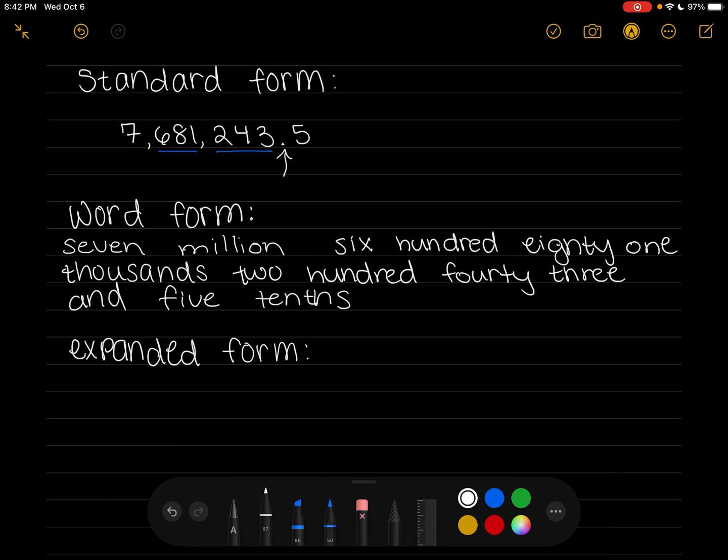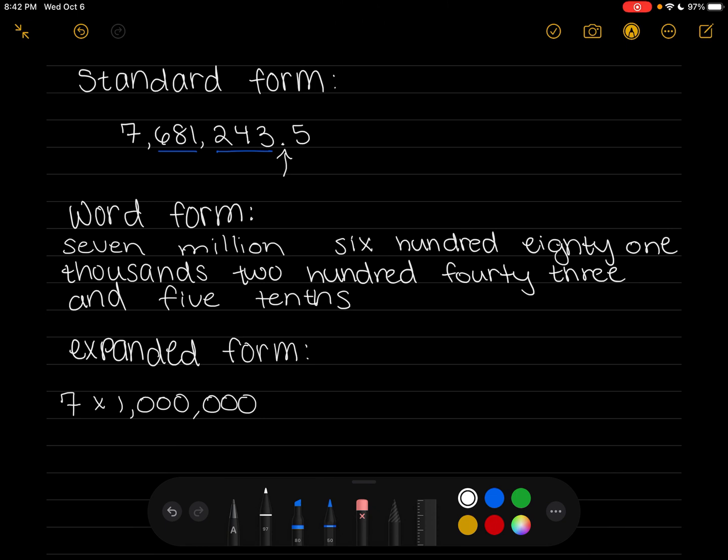Now to write that number in expanded form, I need to take the digit and multiply it by its place value. So for example, in the millions place, I have the digit 7. And since it's in the millions, I'm going to multiply it by 1,000,000.